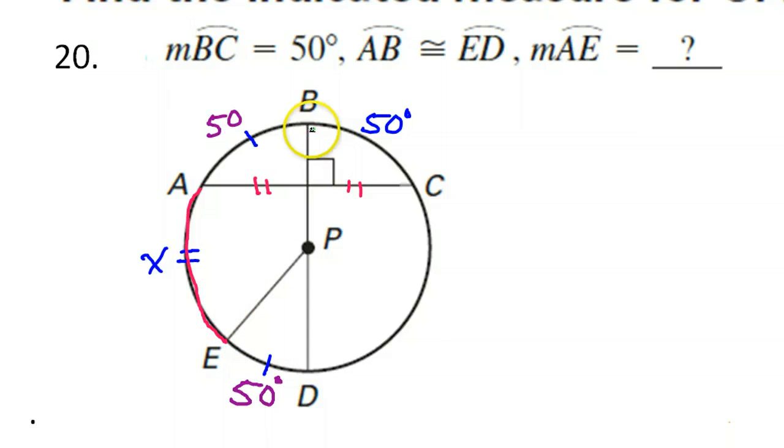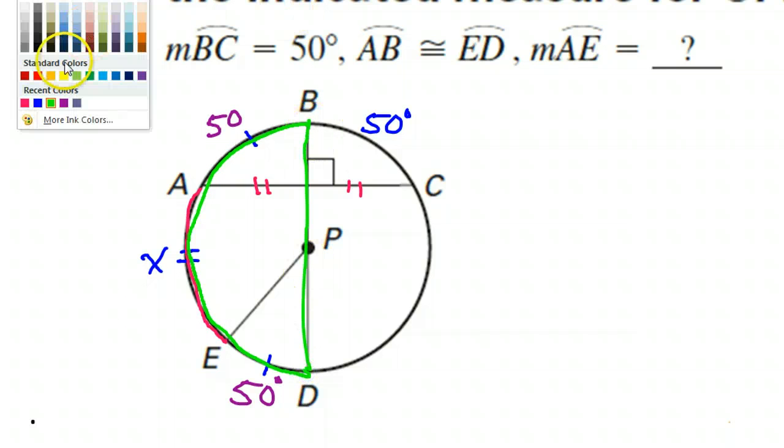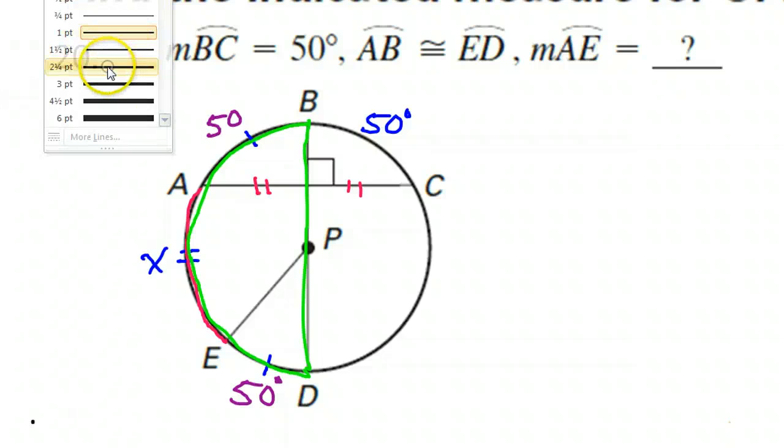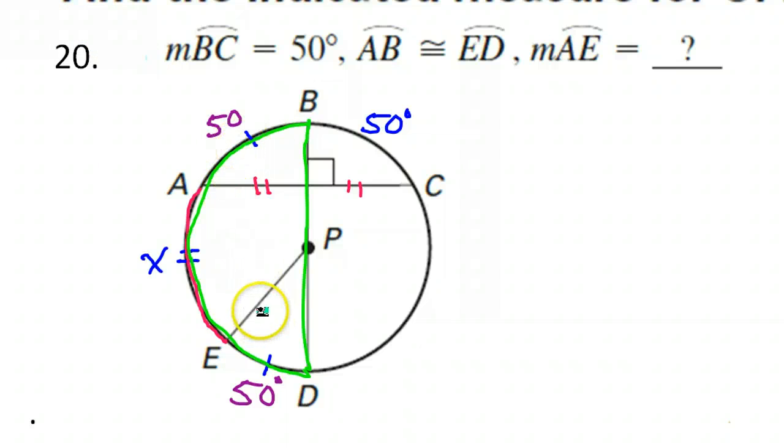Okay, and furthermore, because this is a semicircle, look at this green. This is a diameter. So that means everything here on the left is a semicircle. And so how many degrees is that? 180, that's right. So we're given all of the semicircle except for this.